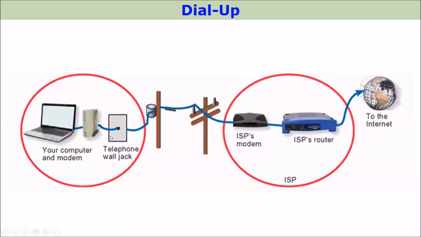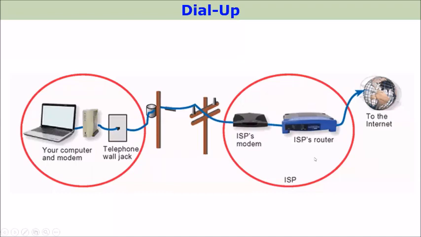Then this modem is attached to your wall jack, the telephone jack here. This telephone jack is connected with the external telephone lines. Then this external telephone line connects with other lines and to the ISP.